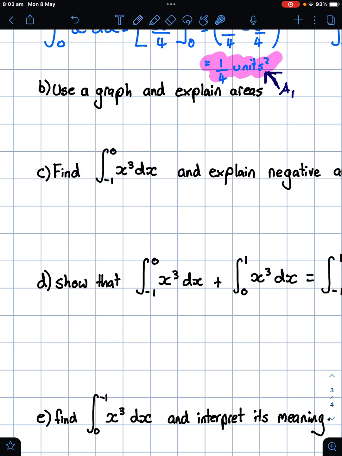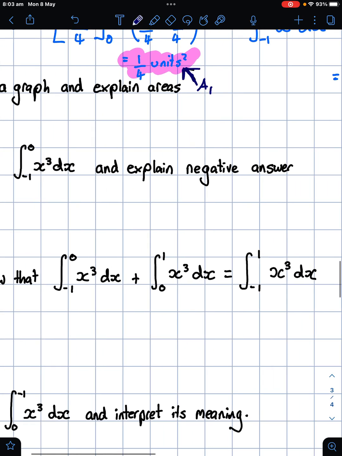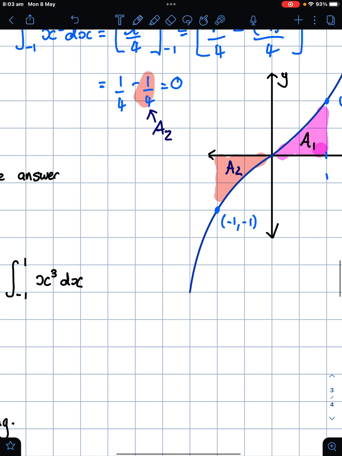It then asks us to find the integral from -1 to 0 of the same function and explain the negative answer. Well, we've pretty well explained that already. We're looking at this area here, which is below the function.